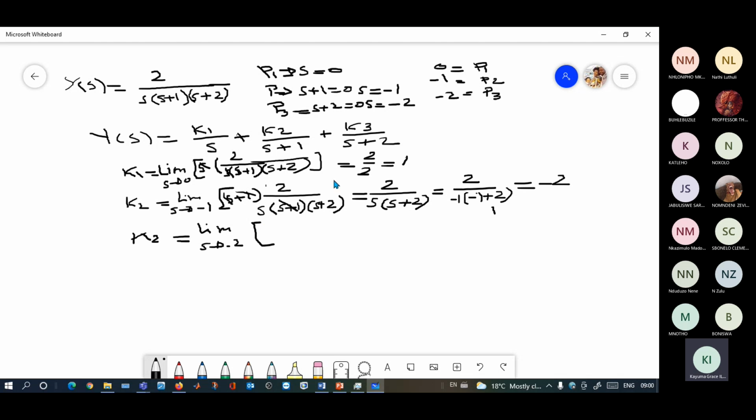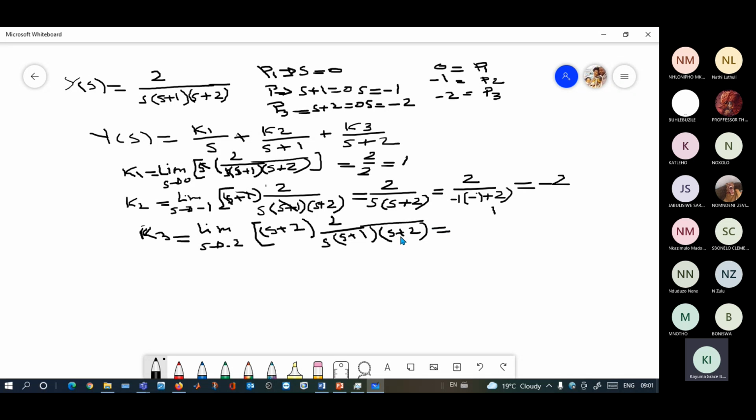When you open the bracket, we have the factor under K3, which is s plus 2, times 2 over s times (s plus 1) times (s plus 2).